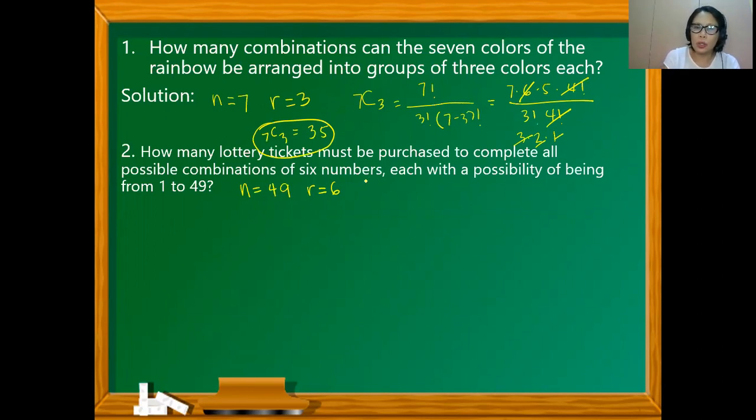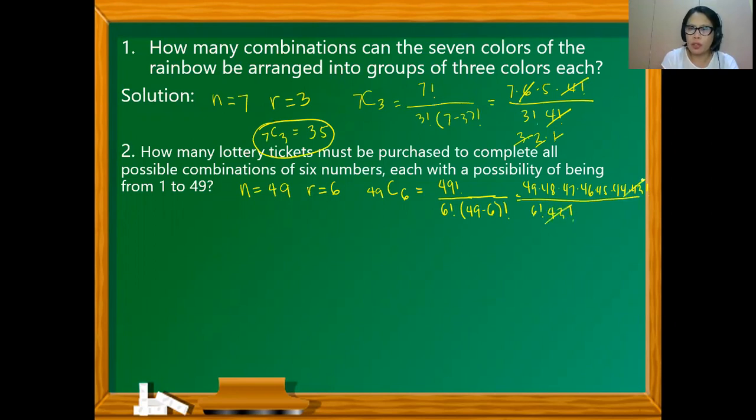So combination of 49 taken 6 is equal to 49 factorial all over 6 factorial times 49 minus 6 quantity factorial. And this is 49 times 48 times 47 times 46, 45, 44 times 43 factorial all over 6 factorial times 43 factorial.